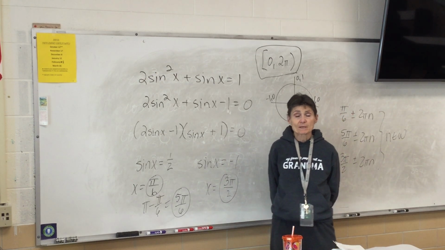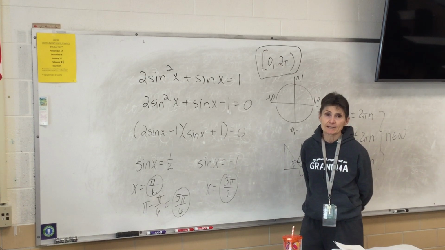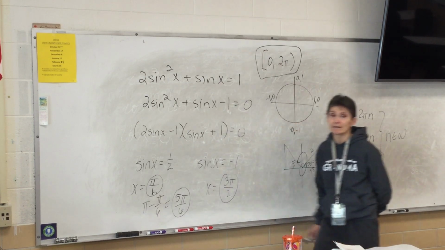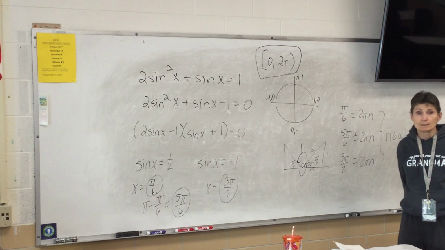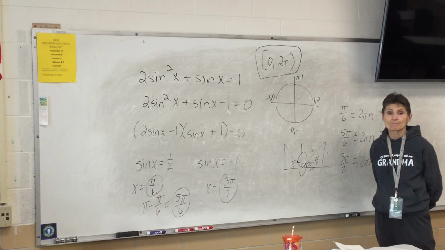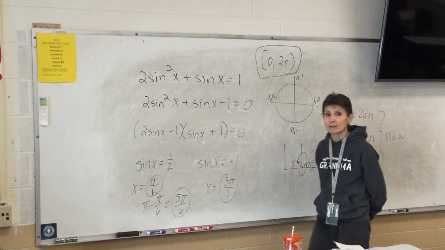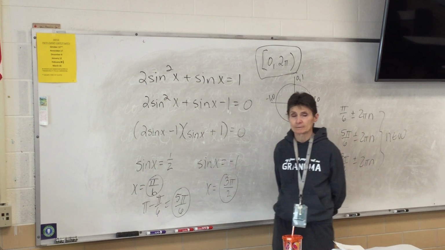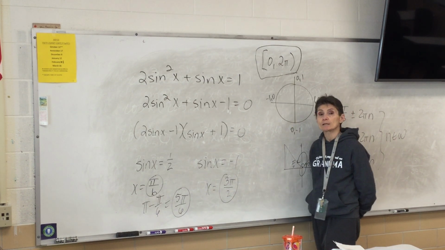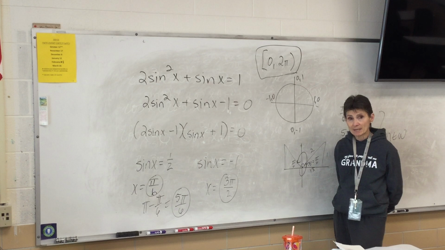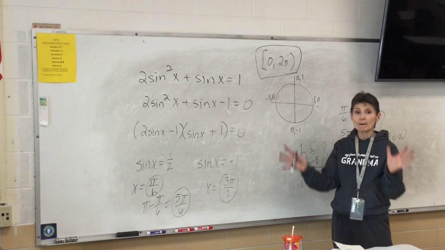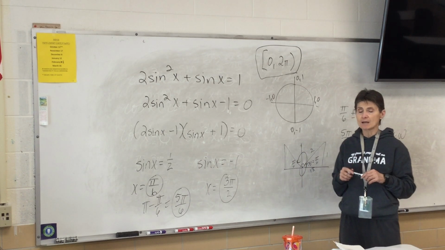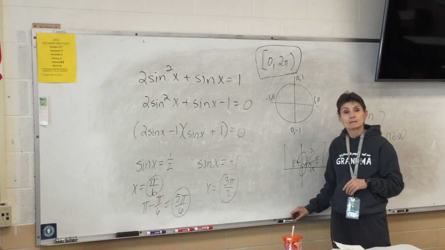No. The sine is never undefined. So any answers you get are going to be good to go. Same is true of the cosine. But if you have an equation that involves any other function, tangent, secant, cosecant, cotangent, you got to make sure that whatever you come up with as an answer does not make it undefined.